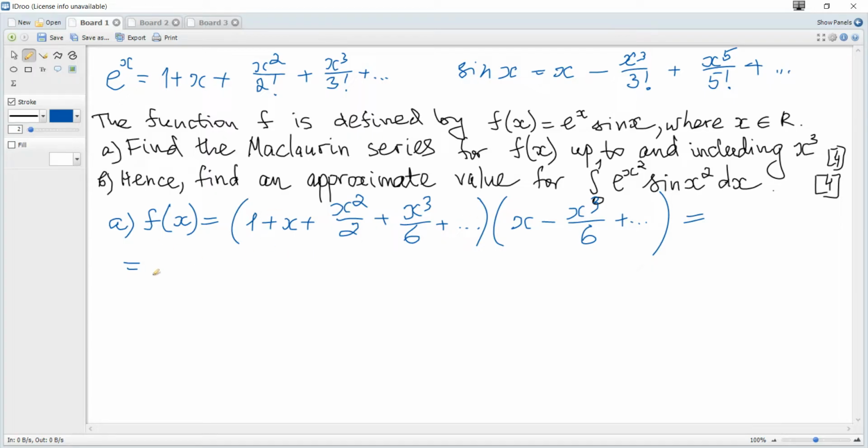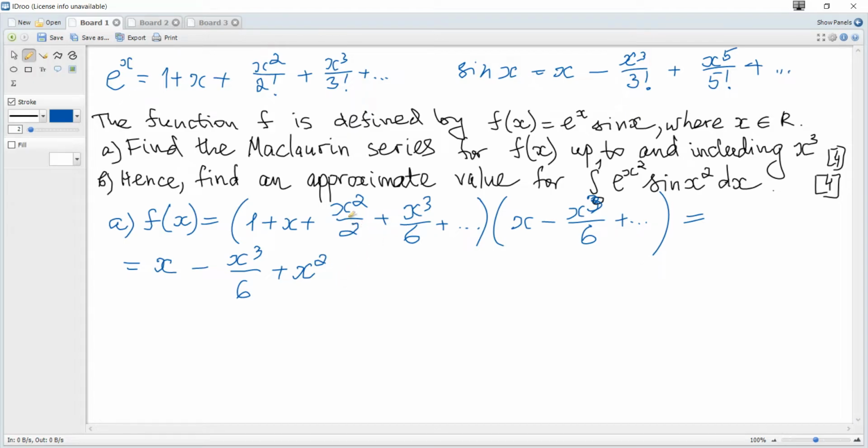So 1 multiplied by x is x, and 1 multiplied by negative x cubed over 6 is minus x cubed over 6. x multiplied by x is plus x squared. x multiplied by x cubed is x to the power of 4, not required.